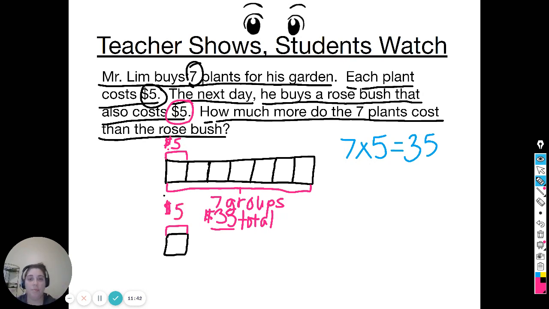Okay? So, the one on top is what he spent on the plants. And this tape diagram on bottom is what he spent on the rose bush.